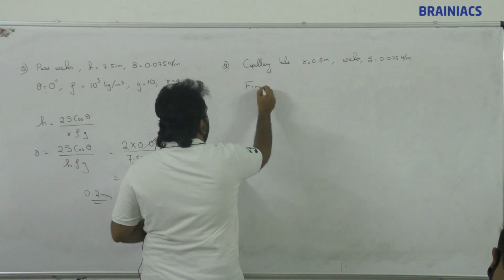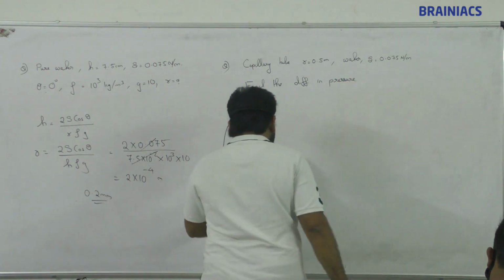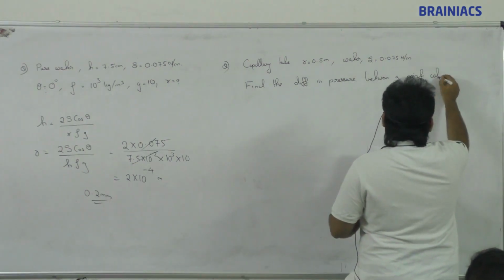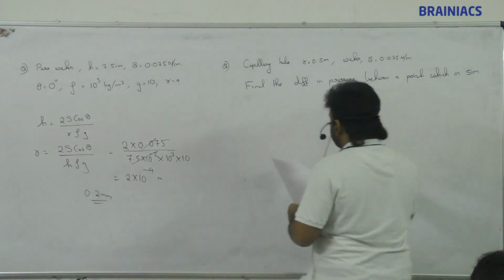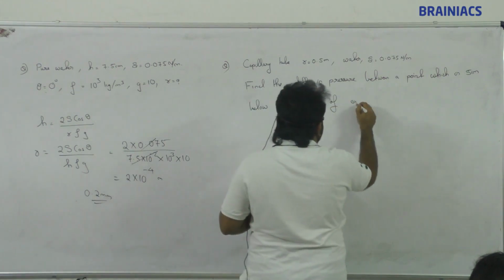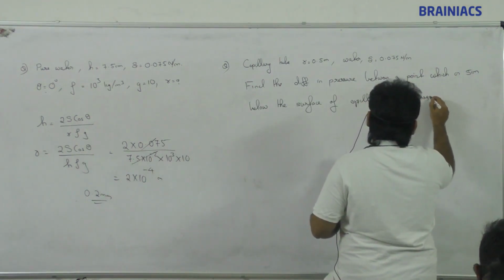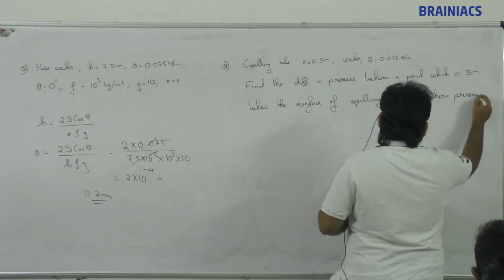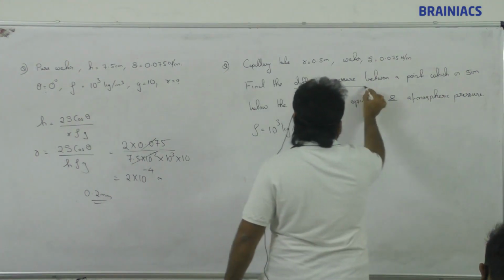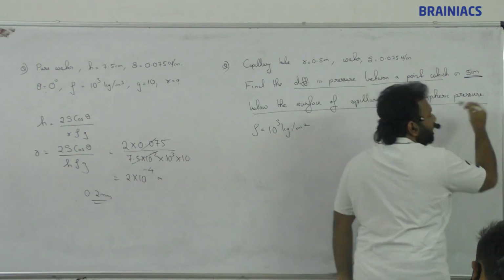Question is, find the difference in pressure between a point which is 5 centimeter below the surface of capillary and atmospheric pressure.